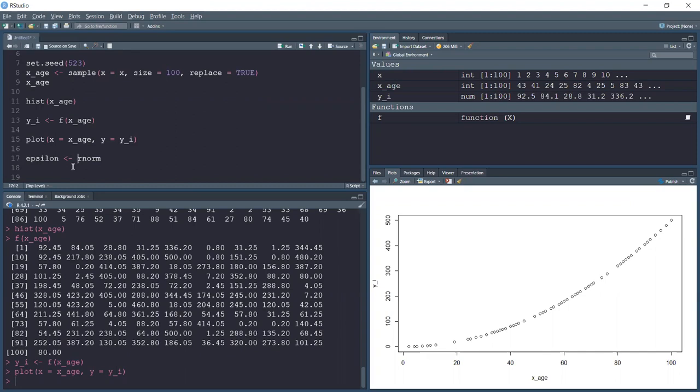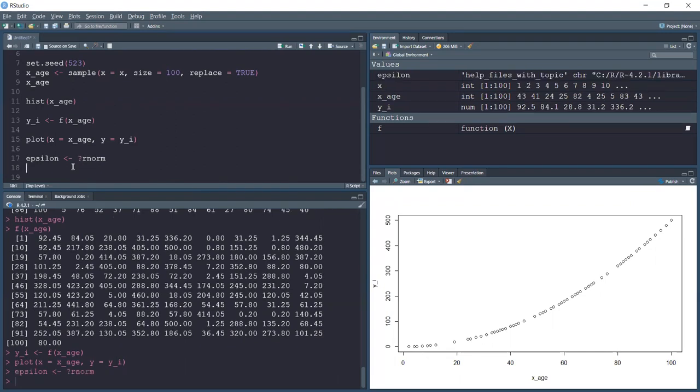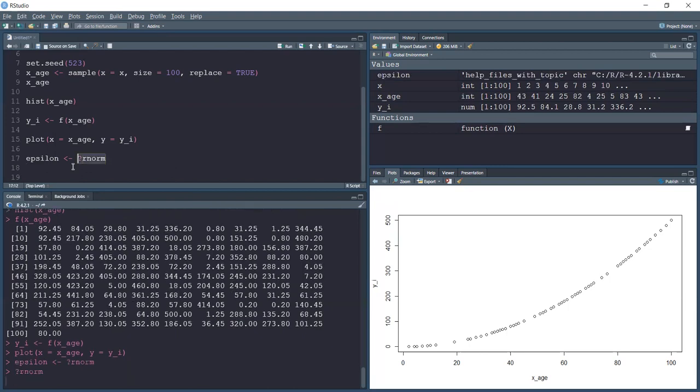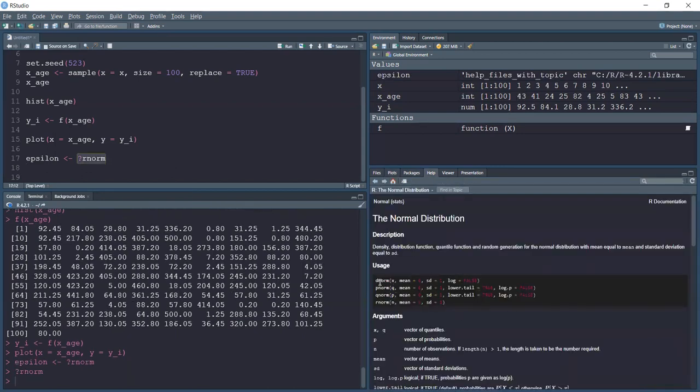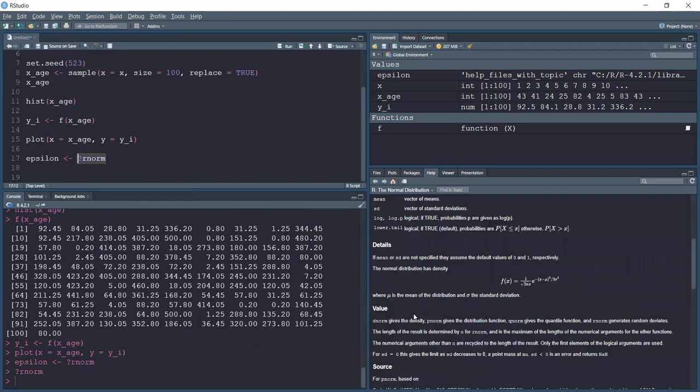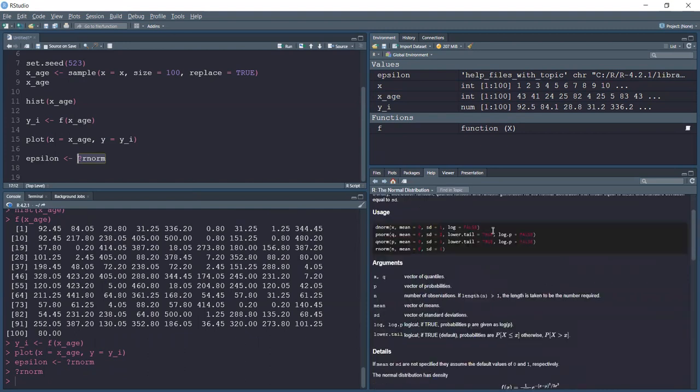I'm looking for question mark on my keyboard. And if I run this, yeah, there's D norm, P norm, Q norm, and R norm. And this entire explanation, well, it's somewhere there, isn't it? I'm going to use R norm. R generates random values that depend on the normal distribution.